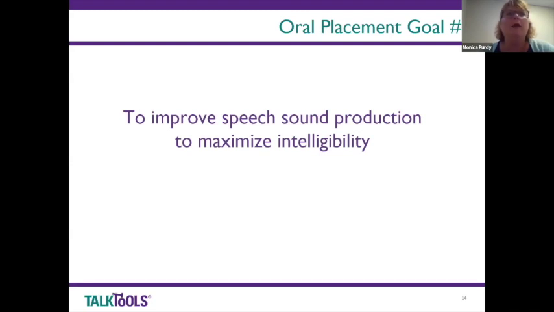When we are doing our level 1 class, we will go into depth about each of these goals, how we evaluate them, and what we use in a TalkTools oral placement program.